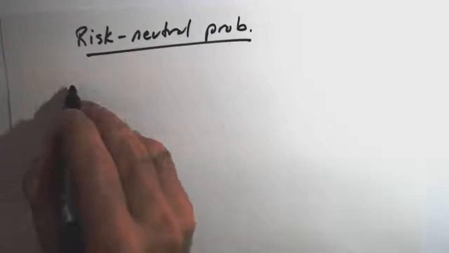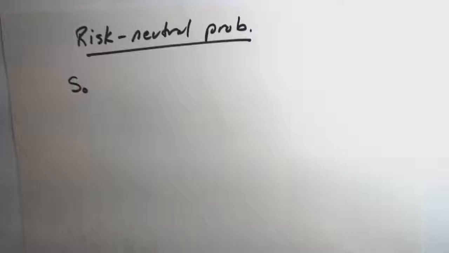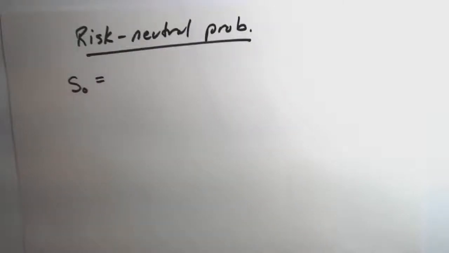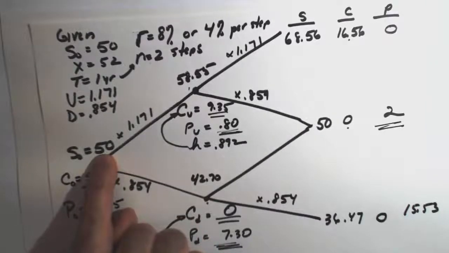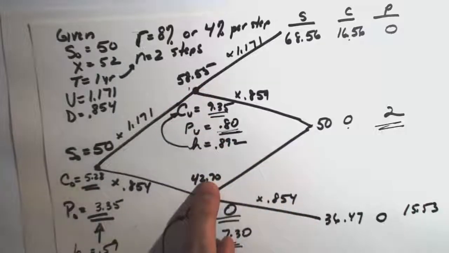Now, you can look at it in two ways. Here we have a stock price today. Stock price today equals the discounted expected value of the stock price one step away. So you can think of it as the stock price of 50 right here is a weighted average of these two stock prices here.